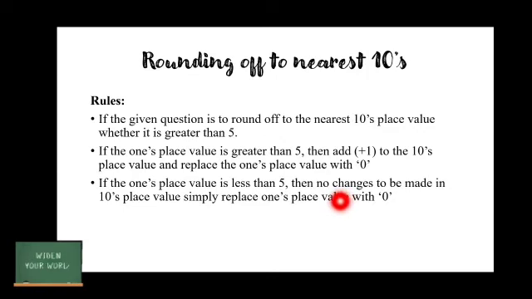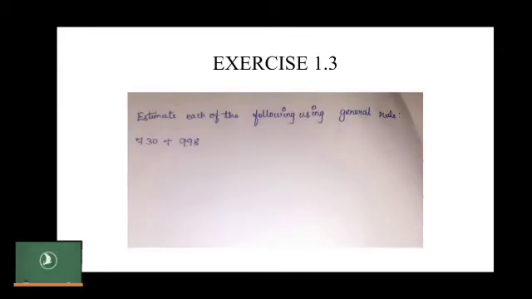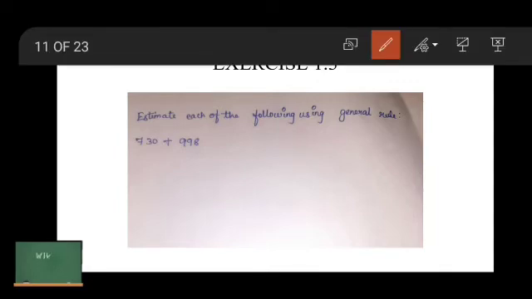Now let's get clarified with the exercise problem. Exercise 1.3. Here we are going to round off according to the general rule. The first question is 730 plus 998.